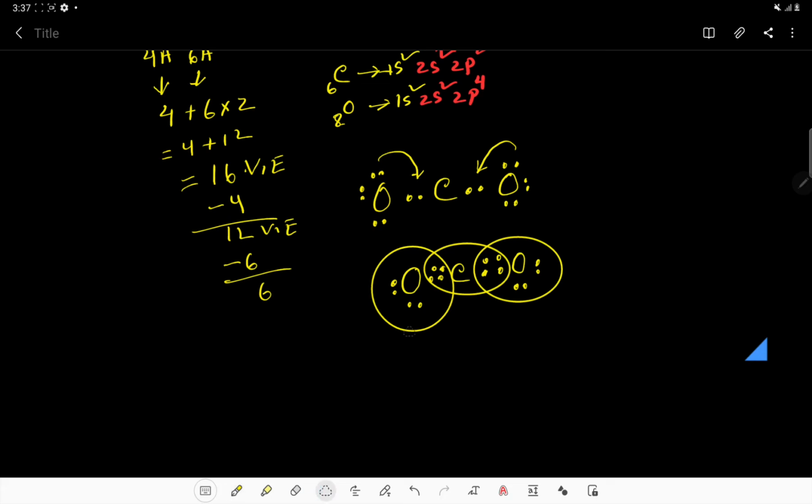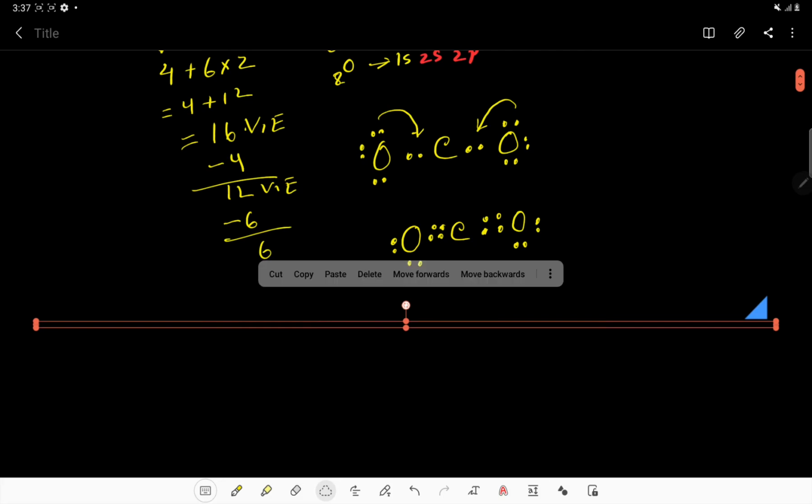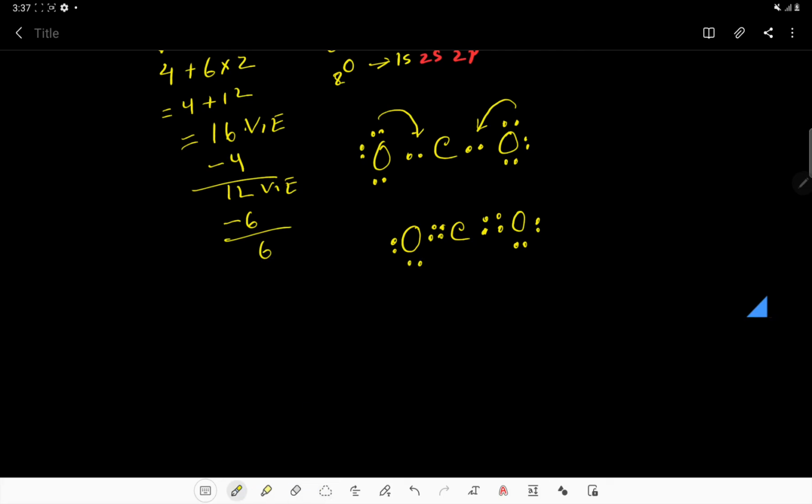Now let me show you the formal charge of each atom for this structure. Okay, look, formal charge equals valence electrons minus unshared electrons minus half of shared electrons.